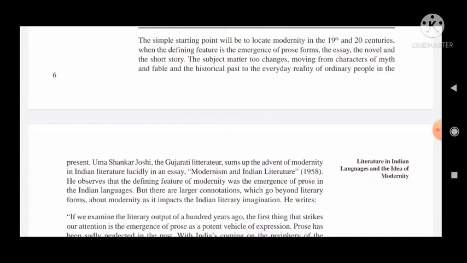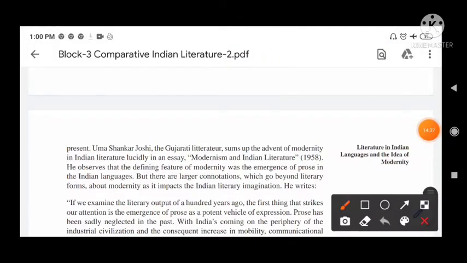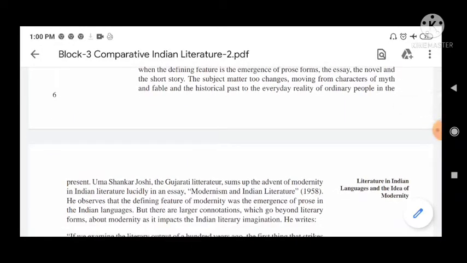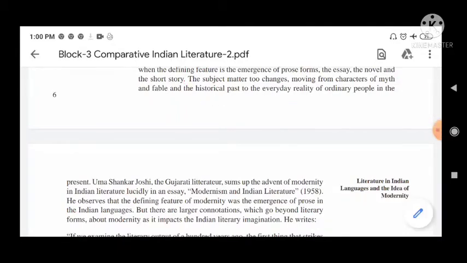Here it is a major transition, you can see. What is the major transition? We will discuss. The characters and the subject matter too change, moving from myth and fable and the historical past to the everyday reality of ordinary people. Here it is a transition.